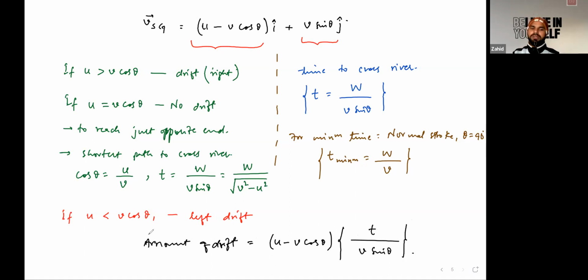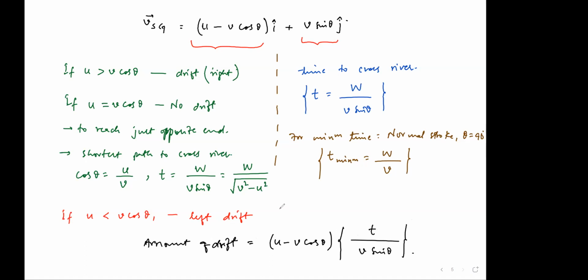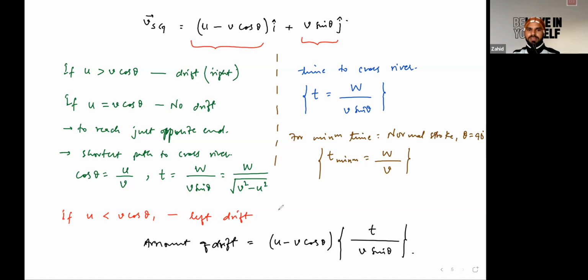So this will be the total amount of drift produced during this entire motion. Any doubt till this part? No, sir. So you mainly have to calculate only these things for this entire river problem.